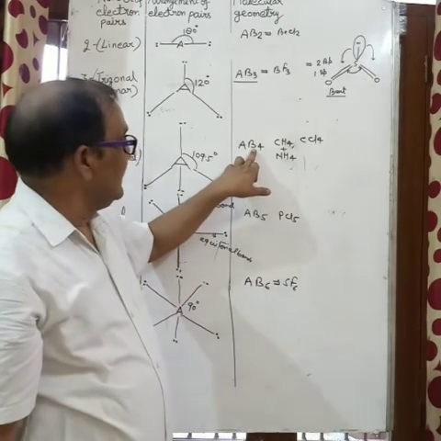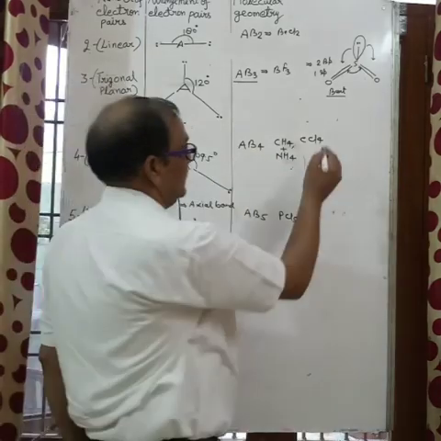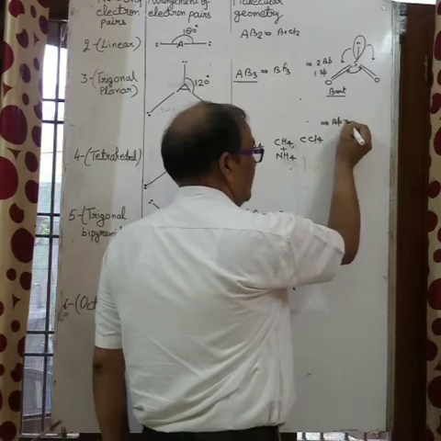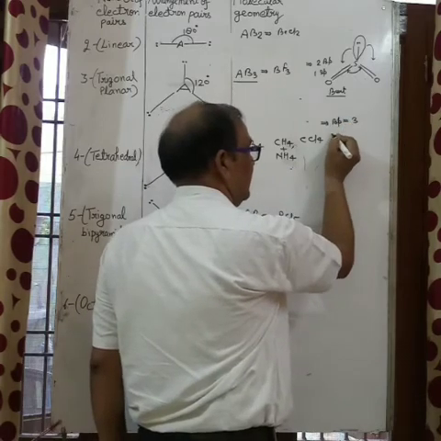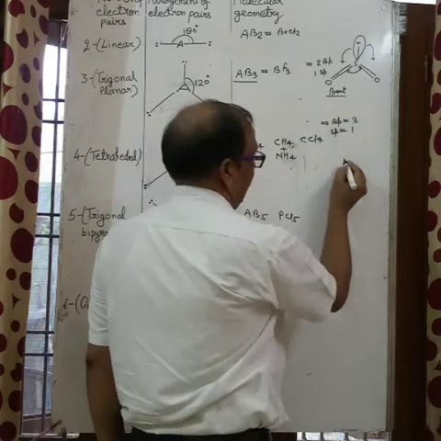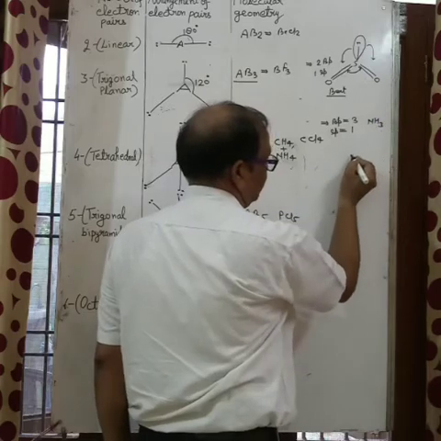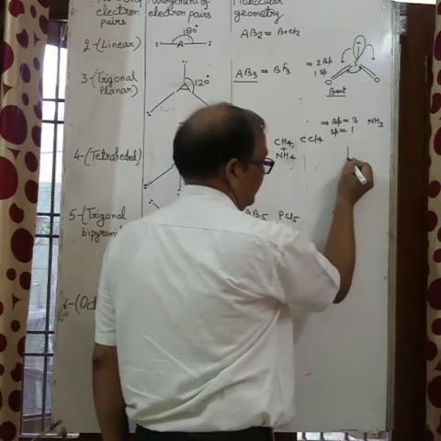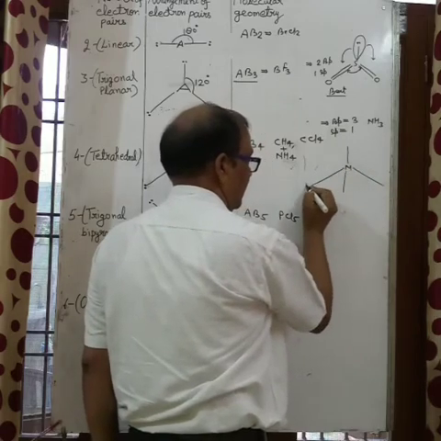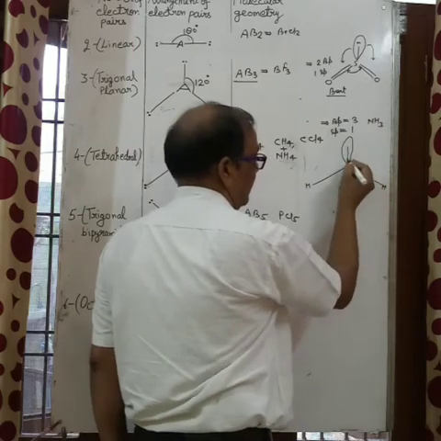Similarly, in case of AB4 type compounds, if they contain number of bond pairs 3 and lone pair 1. For example, NH3, nitrogen is the central atom, and there are 3 bond pairs and 1 lone pair.